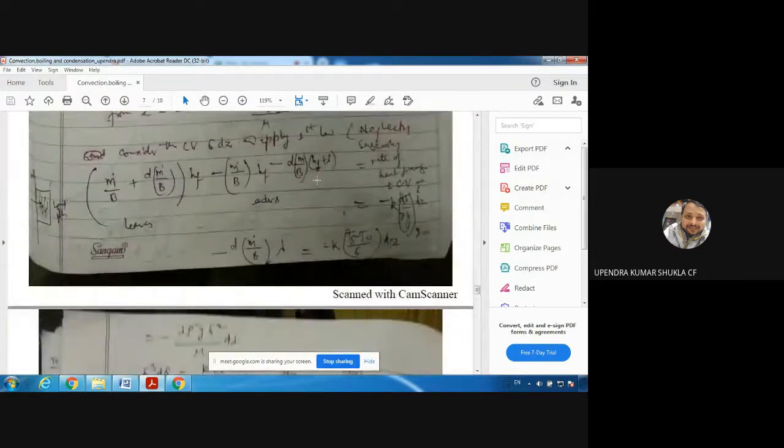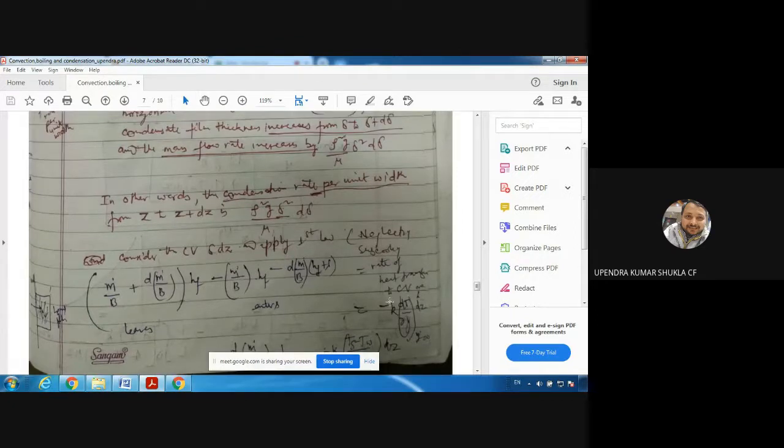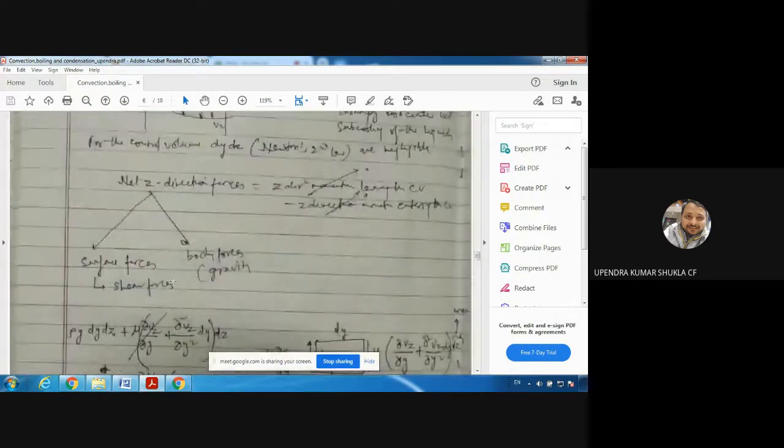So if you solve this, you will get minus d m dot by b lambda is equal to the rate of heat entering the control volume, which on the right-hand side is minus k dT by dy times dz, from Fourier's law.